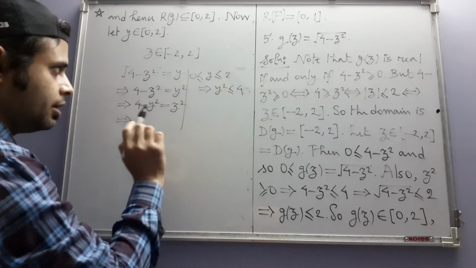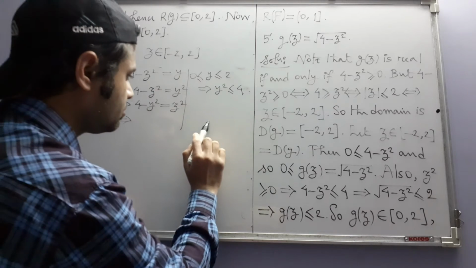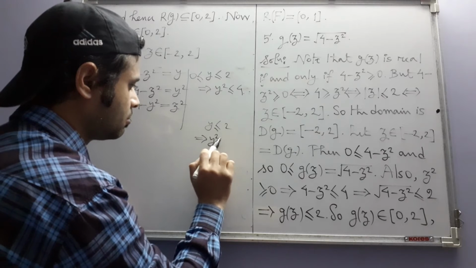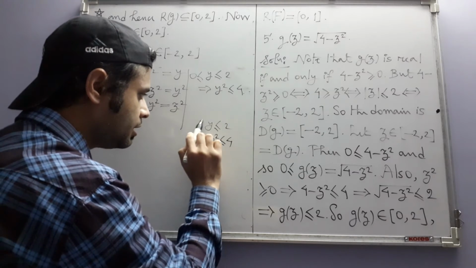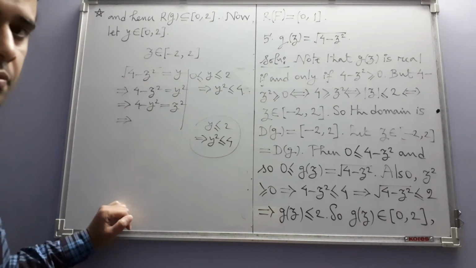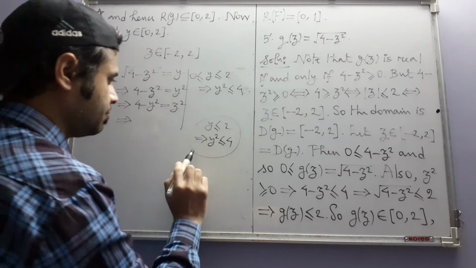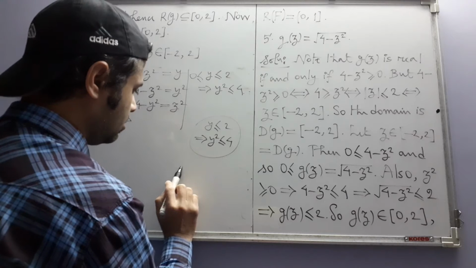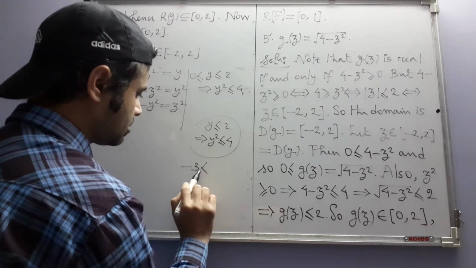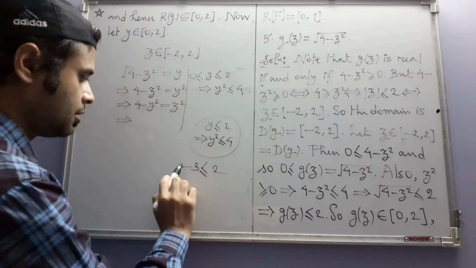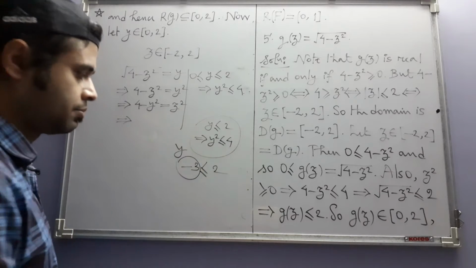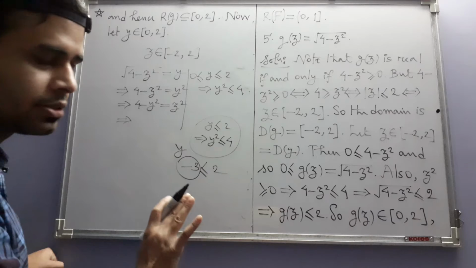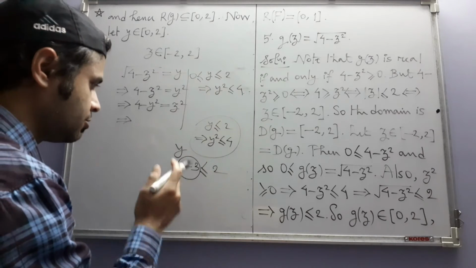There is a danger in this calculation. This in general may not be true. Let me show you why. If y is not positive, you may encounter a case like this. Say this is your y. Just saying here y is positive means y is non-negative, so there is no problem.